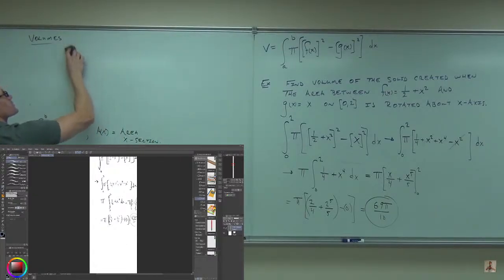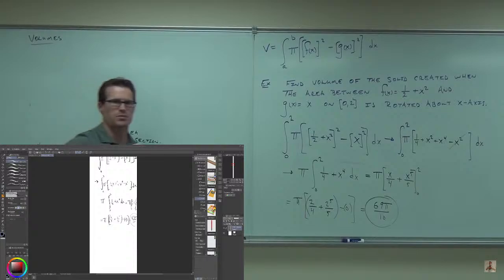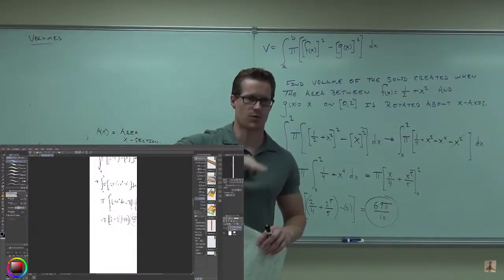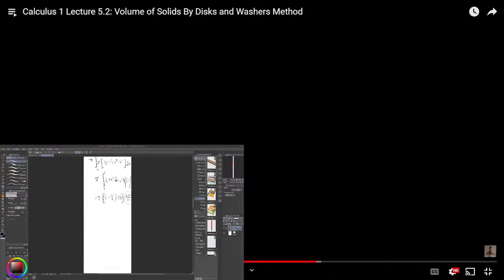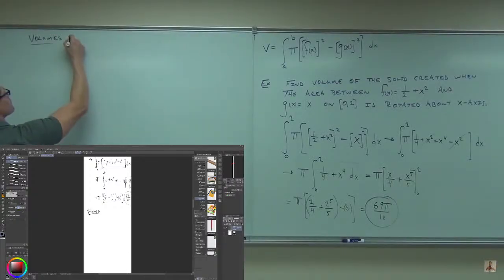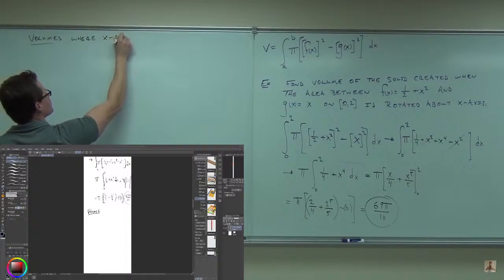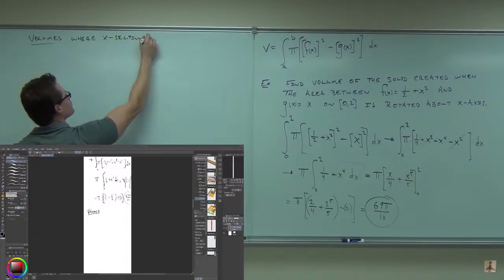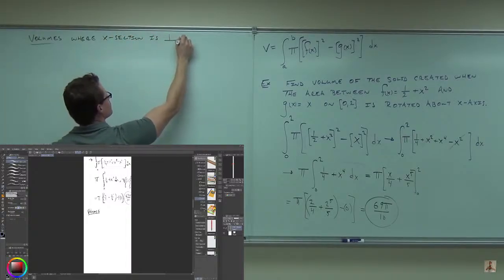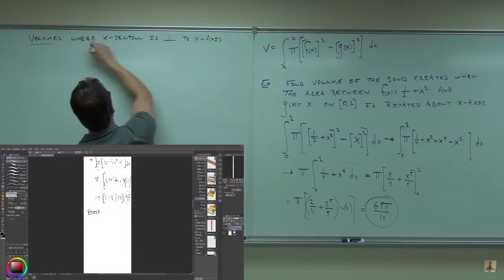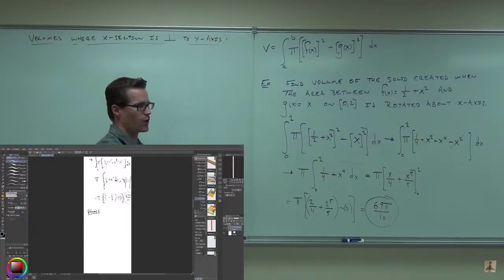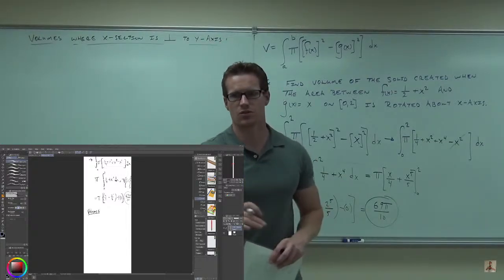So let's talk about volumes where the planes of the cross-section are perpendicular to the y-axis.